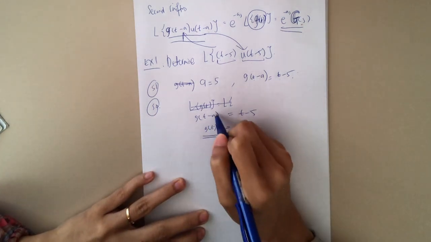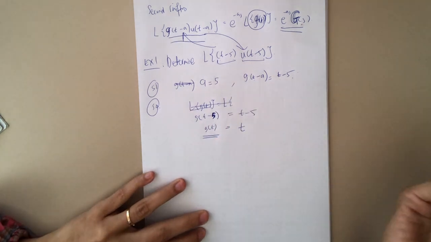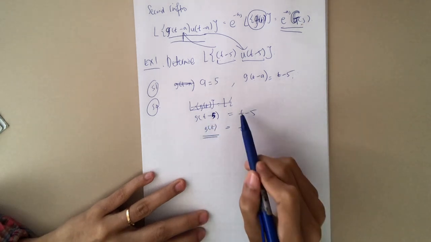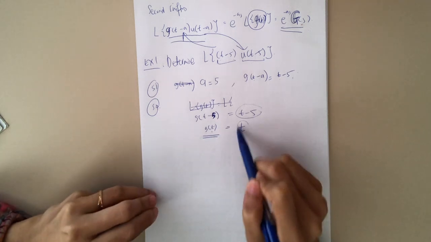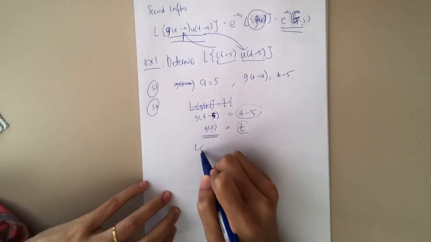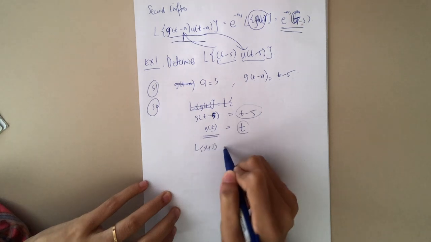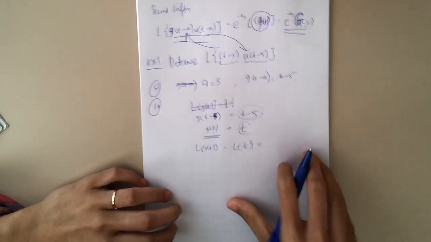You can replace your a with 5: g(t minus 5) means the whole thing is t minus 5, so if you want g(t) only, it is only t. So we will find the Laplace transform for g(t). The Laplace transform for t is equal to, using your tables now.